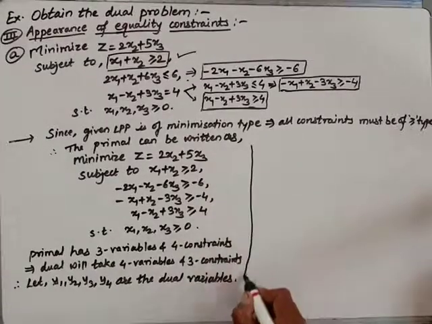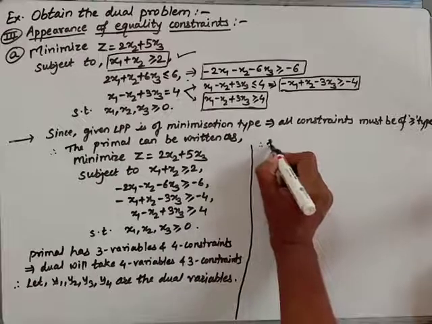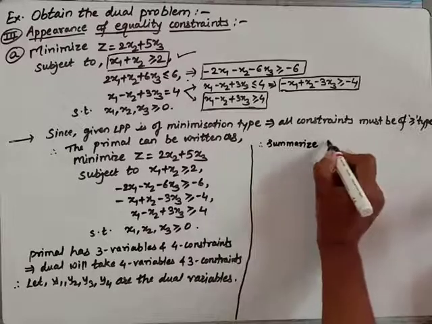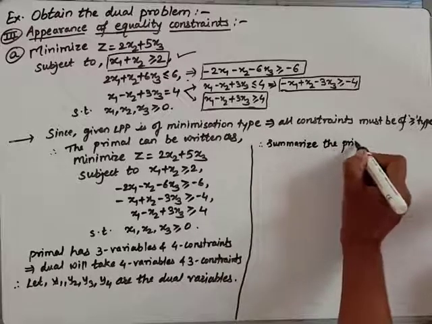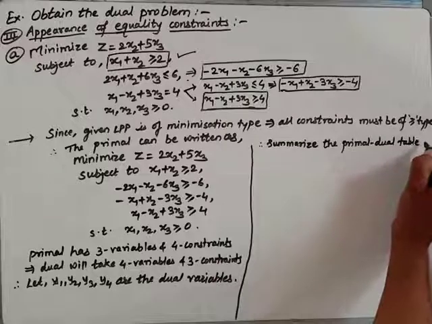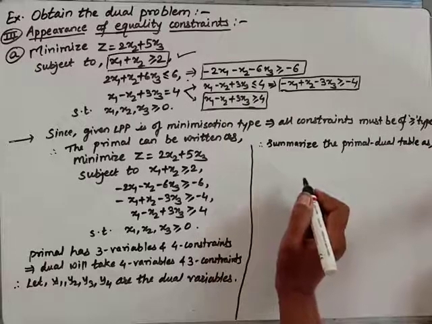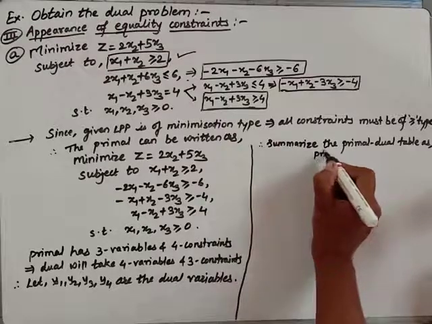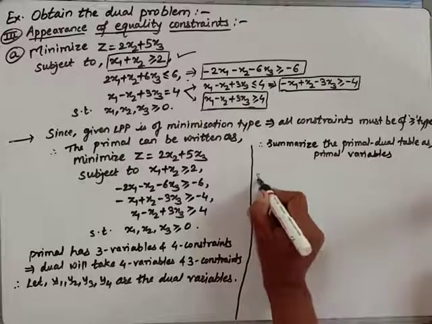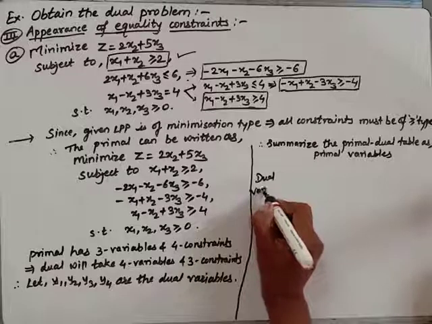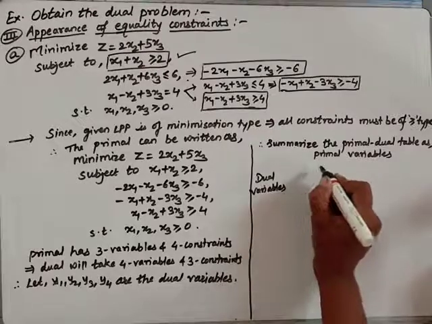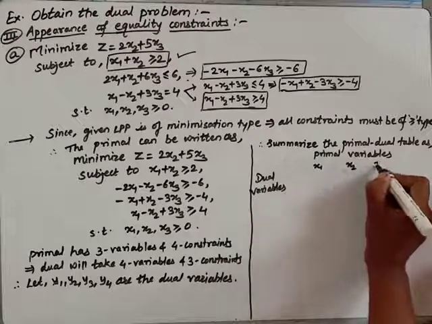Now let us summarize the primal-dual table. Here primal variables and here dual variables. Primal variables are x1, x2, x3.